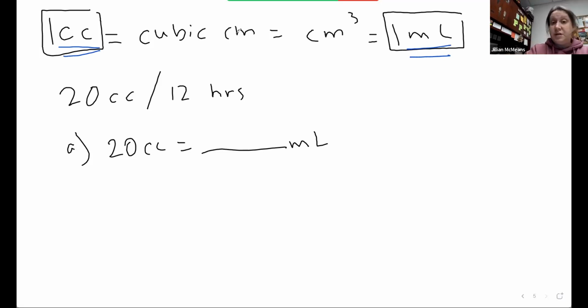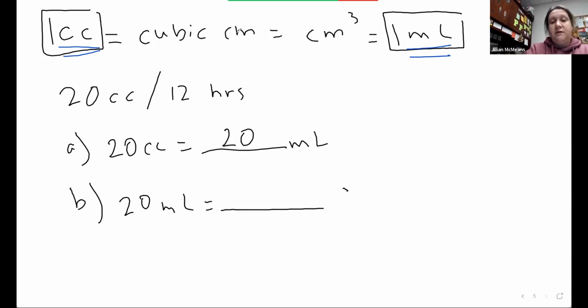So if I have 20 cc's, I have 20 milliliters. Okay, so that's the first thing you need to know. And then second, how many fluid ounces of the drug should be administered? So we have 20 milliliters, and we want to convert that to fluid ounces. FL period, OZ period is the abbreviation for fluid ounces.